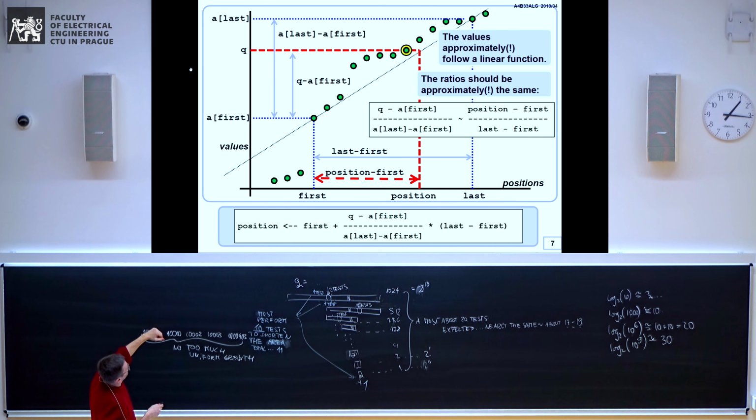Q minus A first, which is this stuff, divided by the longer one, which is down there, should be more or less the same as position minus first up there, divided again by the whole length of this interval. So if this is more or less true, then of course what you want to know is the position, which is this thing you don't know, and all other values are given.